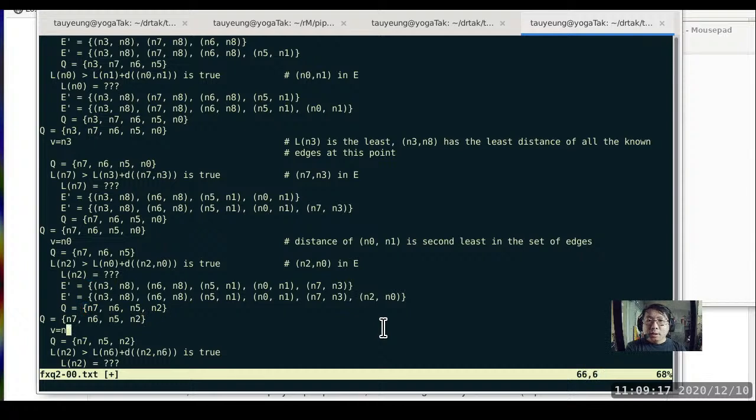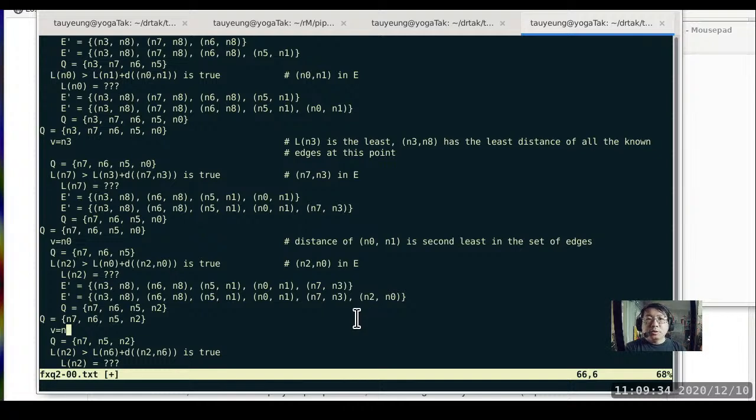And now we choose N6. Once you have a picture, it's really helpful, graphically, just visually, to see how the vertices are connected.